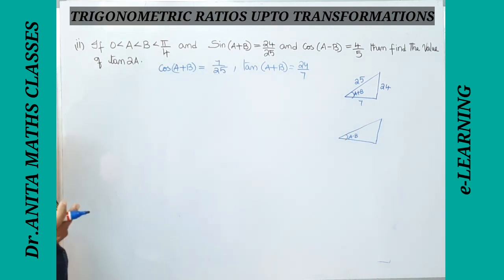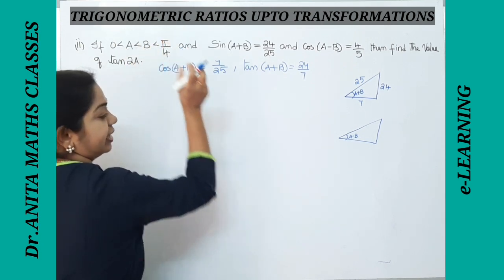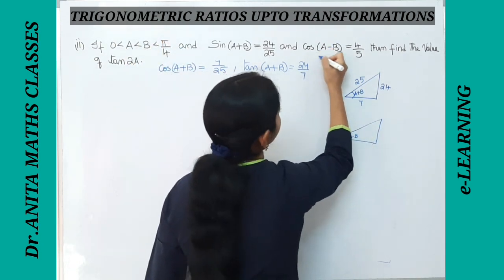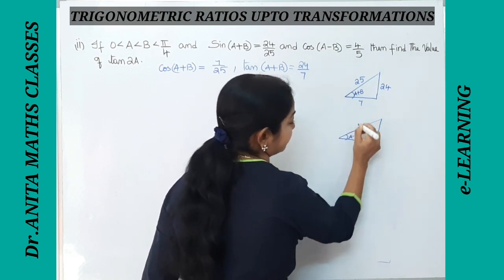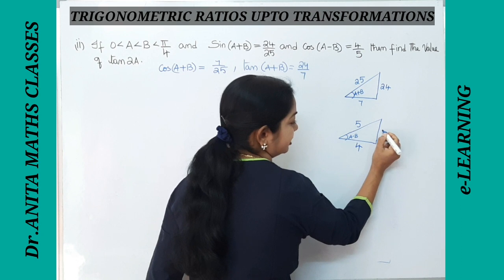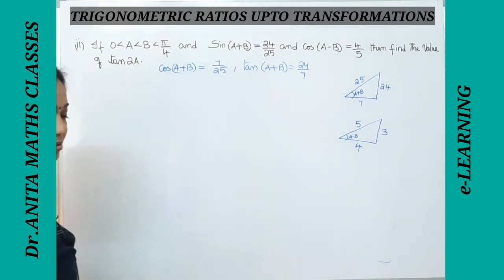So we get a negative value because A is smaller than B here. And also cos of A minus B is 4 by 5. Okay, so let us take this as 3, that is the Pythagorean triplet.